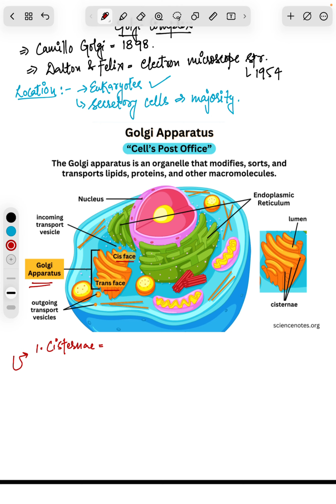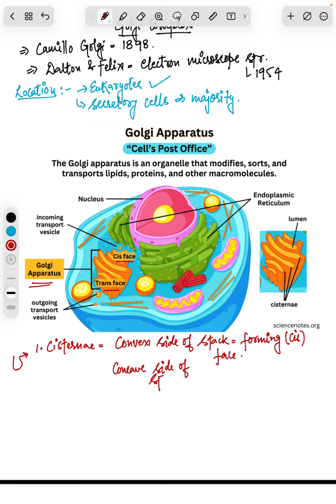The convex side of the Golgi stack forms the forming cis face, and the concave side of the stack has the maturing trans face.